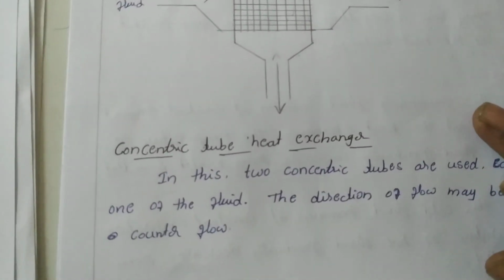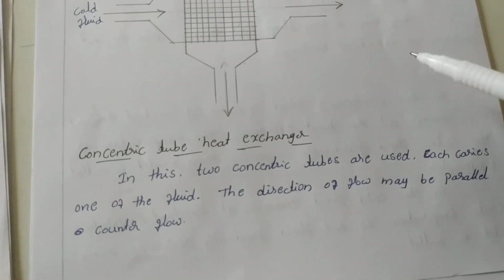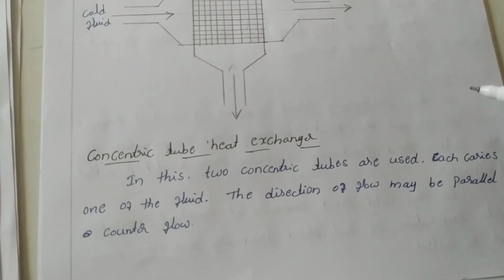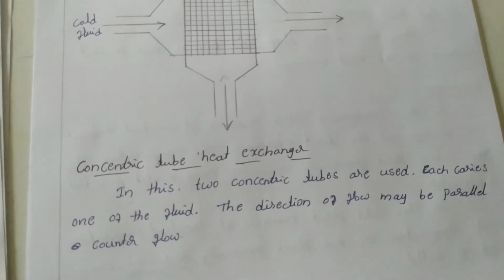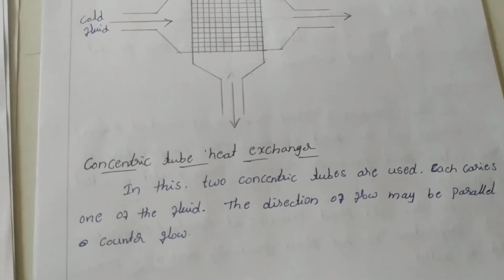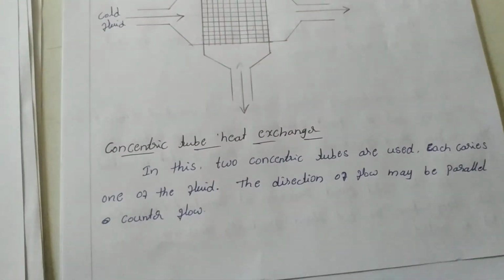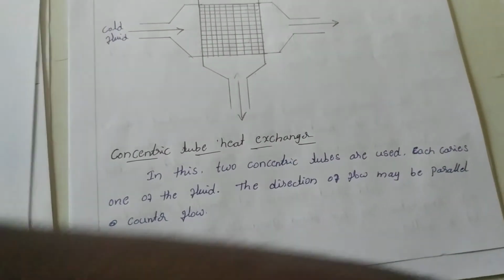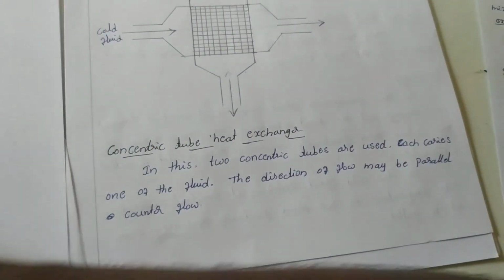Next one, we go for the concentric tube heat exchanger. In this type, two concentric tubes are used. Already we know that concentric means tubes having the same center.